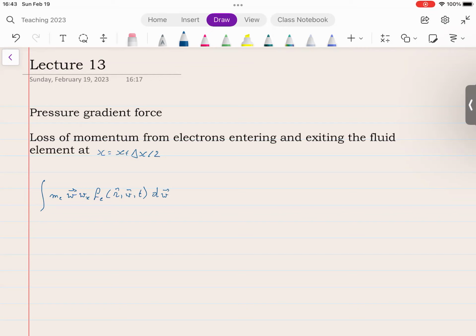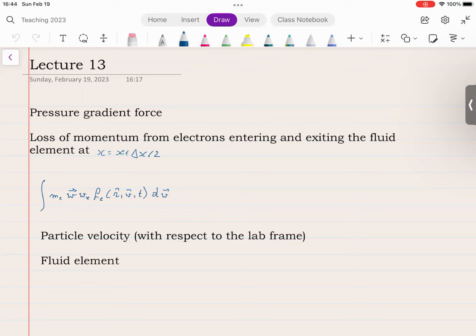As a reminder, we define three different velocities in the system, or in our description of the plasma, that are in no particular order: the particle velocity with respect to the lab frame, the fluid element velocity, again with respect to the lab frame, and the difference between the two.